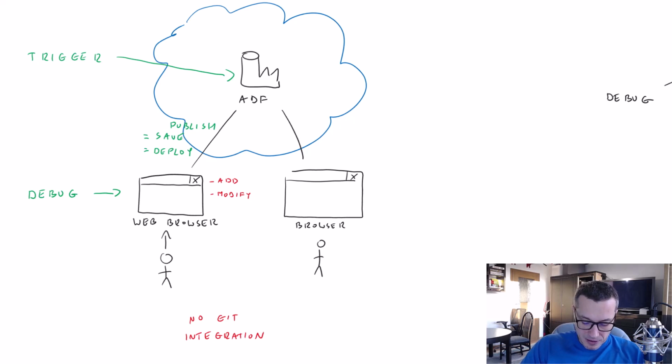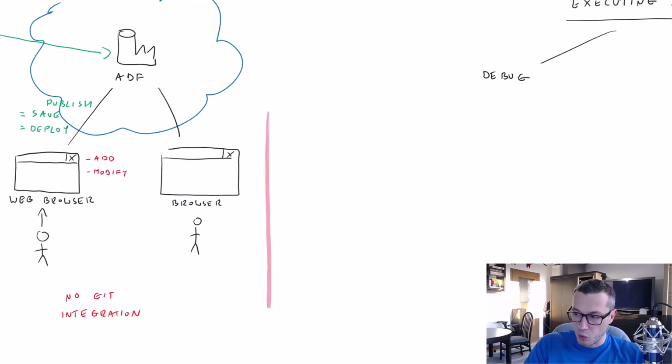And now, because I was talking about this no-Git integration mode, let me quickly introduce the second mode, the recommended one, which is with Git integration. So if we use with Git integration mode, the situation changes a lot.